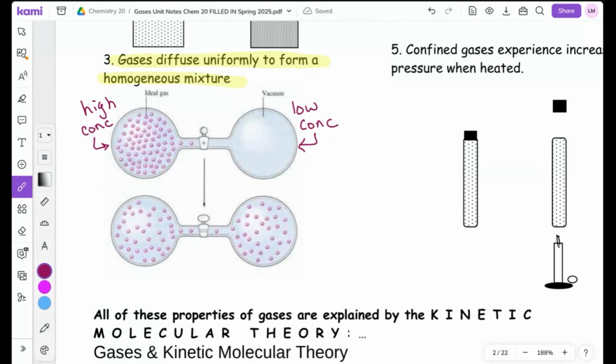It means there's the same concentration throughout whatever area you're talking about. But the main idea here is that gas particles will diffuse from an area of high concentration to low concentration until the gas particles are evenly distributed. So let's write that out.